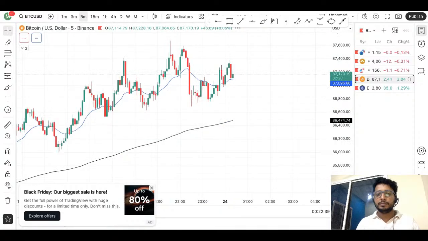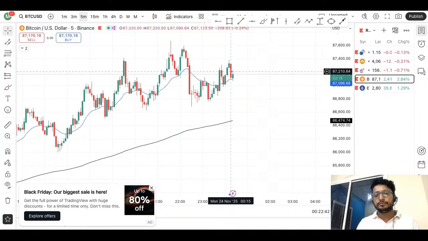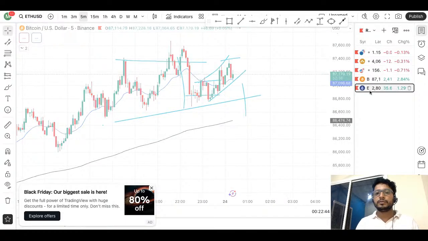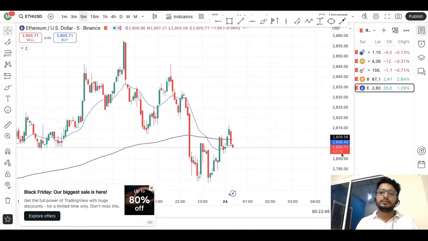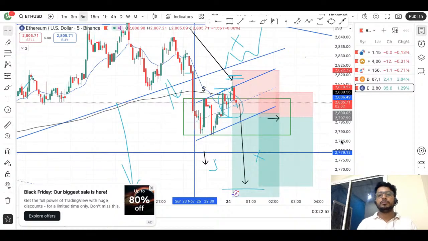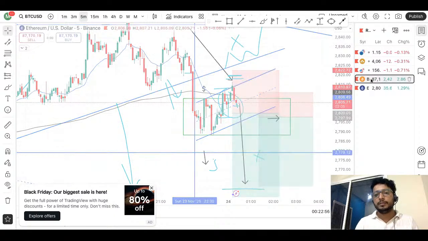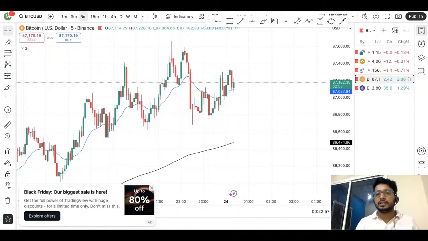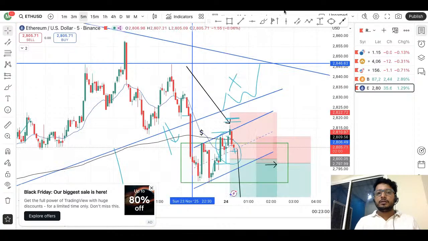Meanwhile, let's check Bitcoin. Bitcoin is showing some strength. As per our analysis, Ethereum is a little bit bearish. Both assets are showing different sentiments for the time being. But let's see how things can unfold.